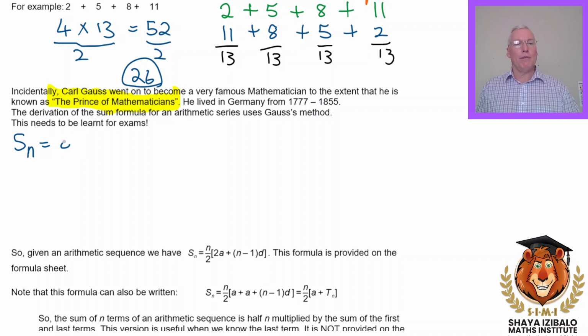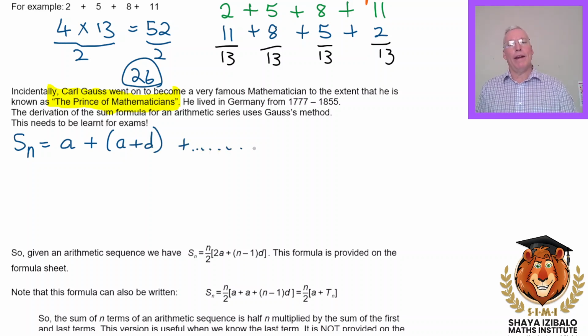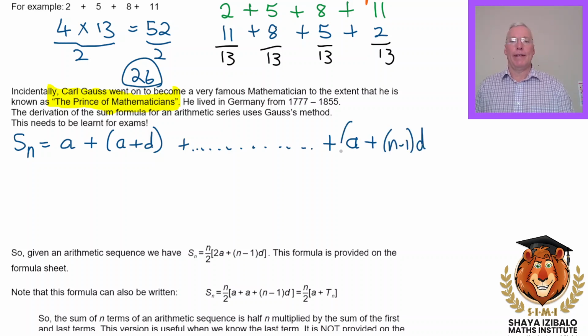Now, the very first term is a. We know that. For an arithmetic sequence, the next term is a plus d. The next one, a plus 2d, and so on, right through the nth term, and you'll remember this from our formula, a plus n minus 1 lots of d. That is the nth term. So Sn is the sum of n terms. It's the sum of term 1 plus term 2 right up to term n.